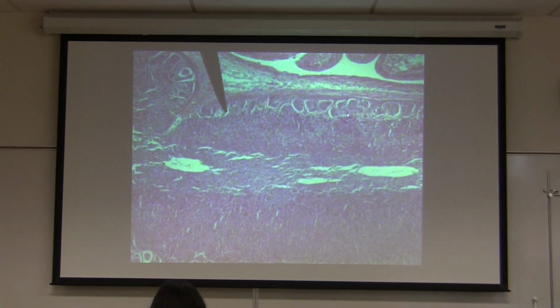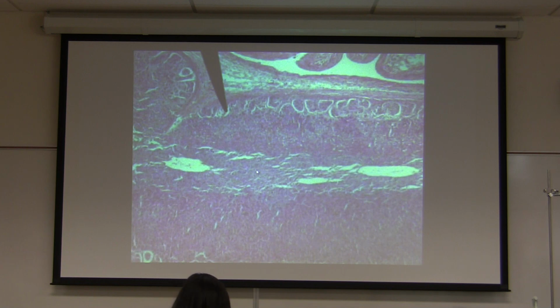Okay, so right here, we talked about the adrenal gland: zona glomerulosa, zona fascicularis, zona reticularis, and this is adrenal medulla. Am I making some sense? The texture and the staining is a little bit different between zona reticularis and adrenal medulla.